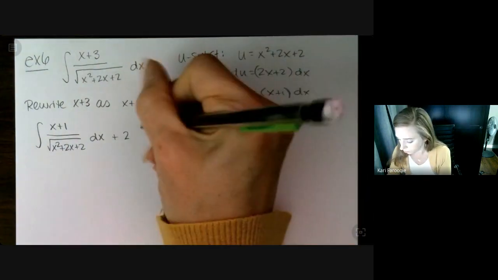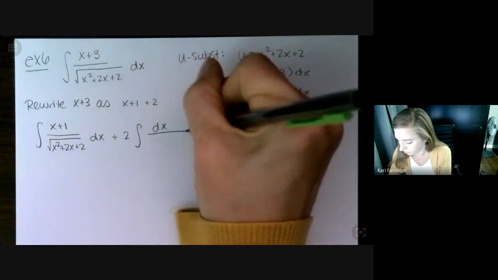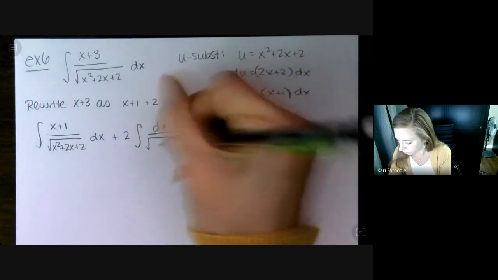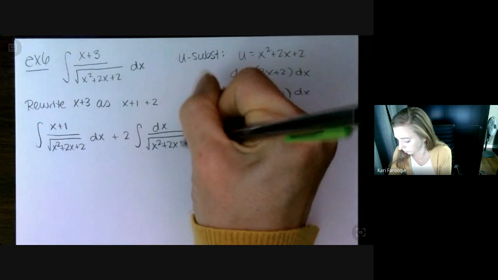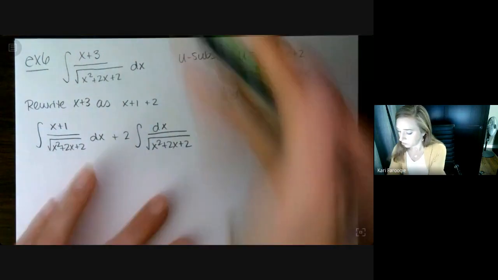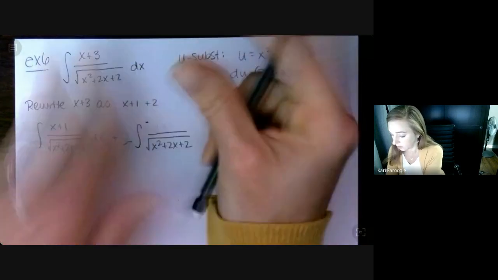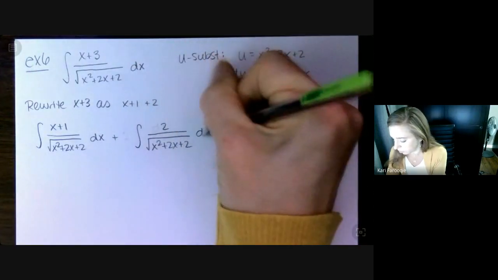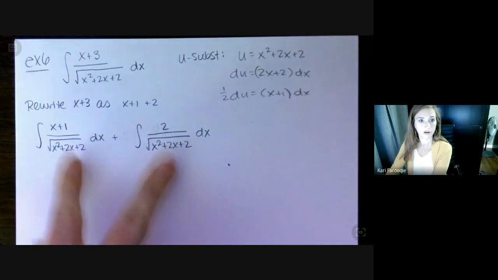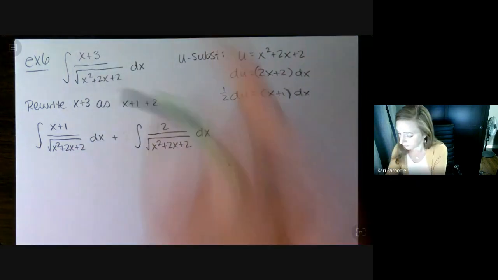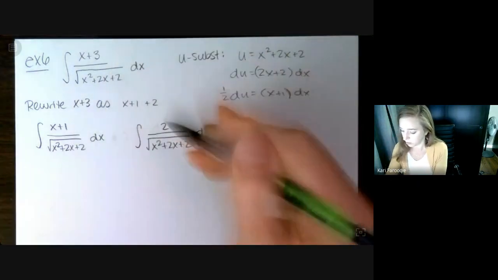If you don't want to, that's fine. Of dx divided by the square root of x squared plus 2x plus 2. You know what? Just because I'm splitting it up, I'm going to put my 2 in the numerator, so it's really clear that nothing has really changed. I'm going to move it in a minute.